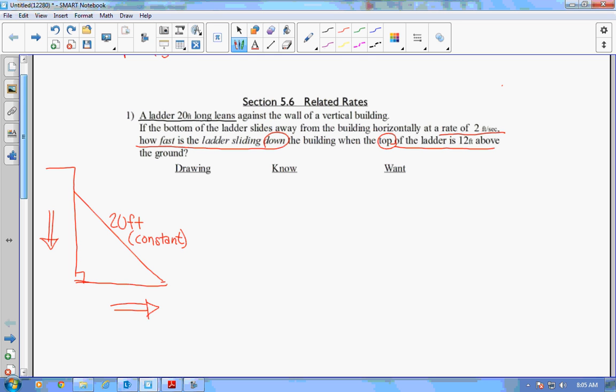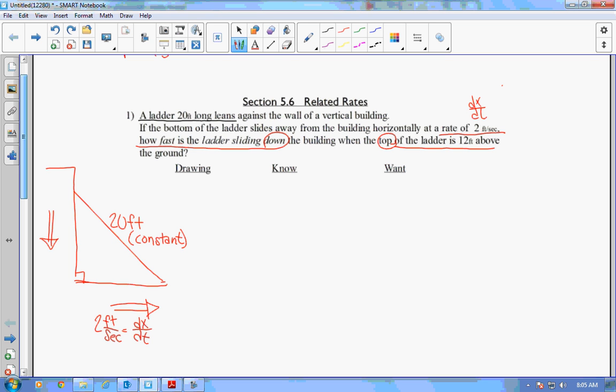What could we call this rate of change here? Oh, it's the x-axis. Yeah? So could we call it dx dt, the change of the x with respect to time? So our 2 feet per second is dx dt, because it's going horizontally.